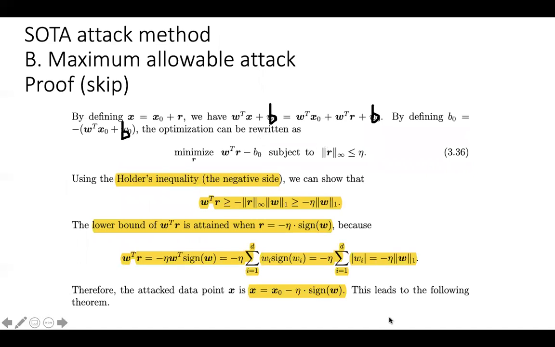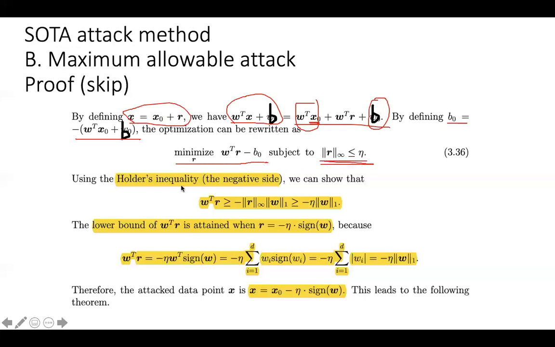So the proof is here. Because x is equal to x0 plus r, W transpose x plus B can be expressed by this, so we just expand x. And because x0 is known to us, we can define a constant B0 equal to this to avoid all the constants here. So the optimization can be rewritten as: we want to minimize W transpose R minus B0 subject to the constraints.